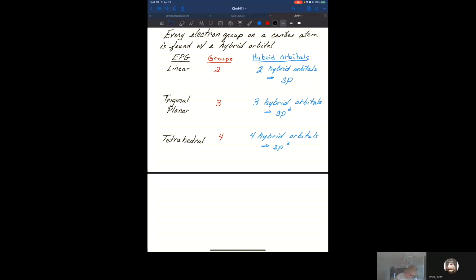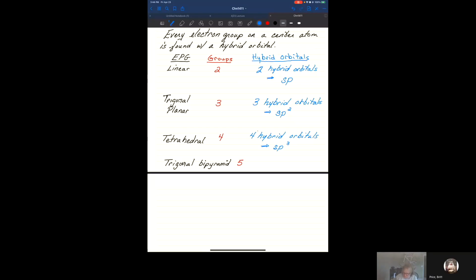And of course, if you'd like, we can go to trigonal bipyramid, which is 5 groups.